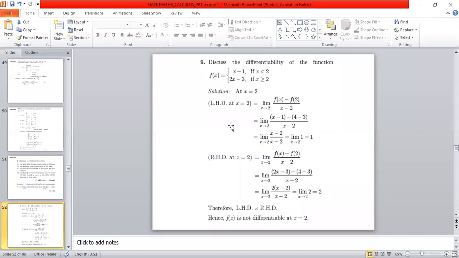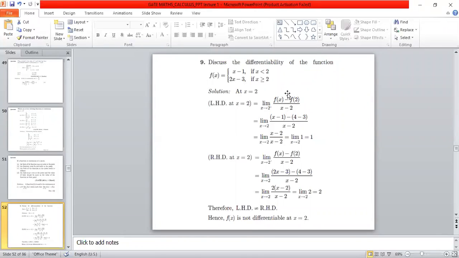So we write the left hand derivative, and the derivative is defined as f of x minus f of a upon x minus a, as limit x tends to a. Applying the definition, the left hand derivative is limit x tends to 2 minus, f of x minus f of 2 upon x minus 2.